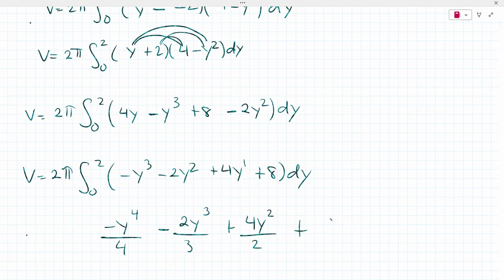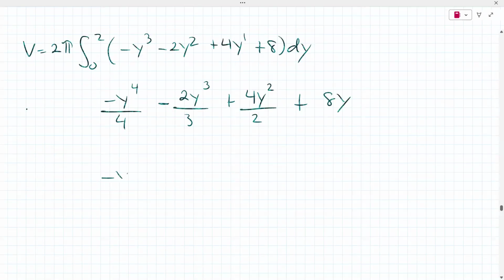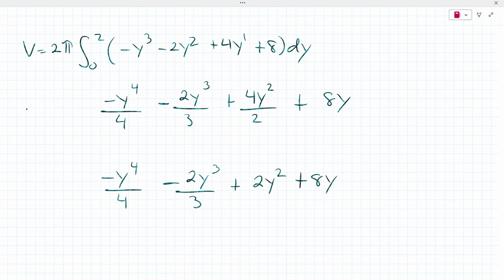And the integral of 8 is 8y. Okay, so this cleans up a bit. 4y squared over 2 is 2y squared, plus 8y. And then let's see, our upper and our lower. And then don't forget the 2 pi.